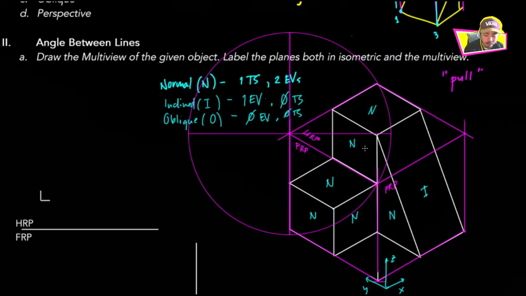If you look at it, this y dimension here is equal to the x dimension. They are the same, this versus this. So it's the same dimension, so it's a square on top.